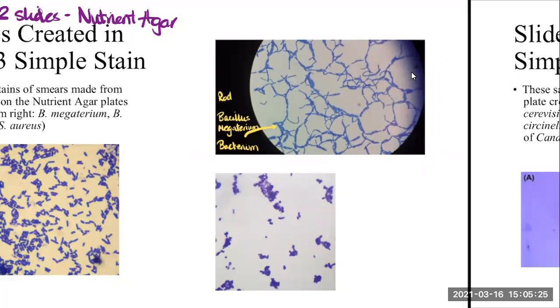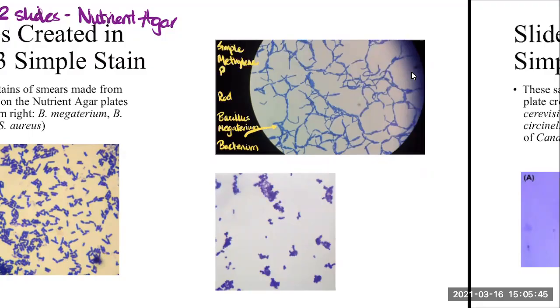You can't tell what the gram stain would be. We wouldn't know whether it's gram positive or gram negative, because this is a simple stain, and remember we did it with methylene blue.